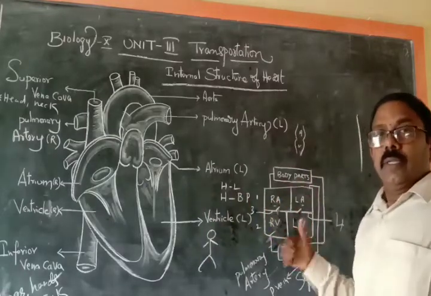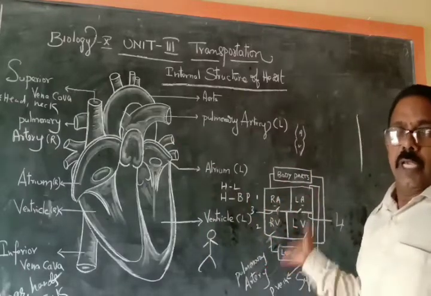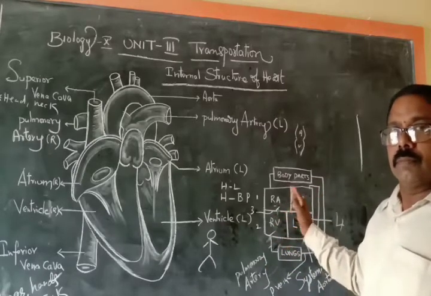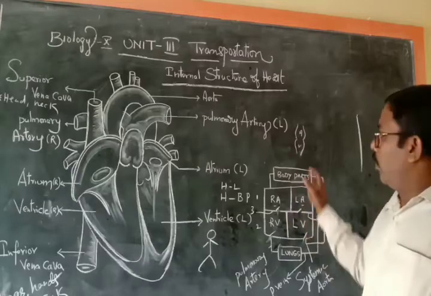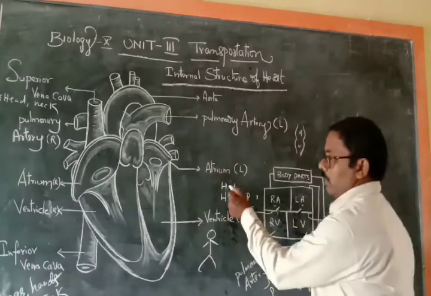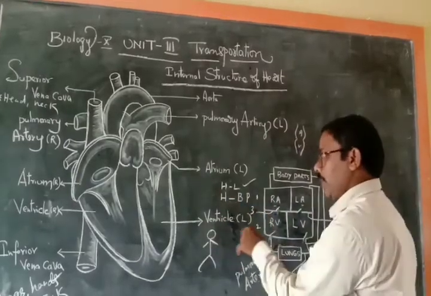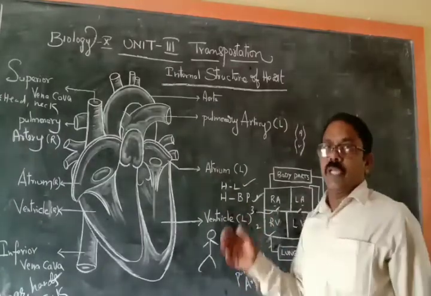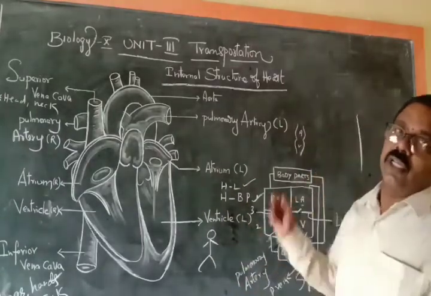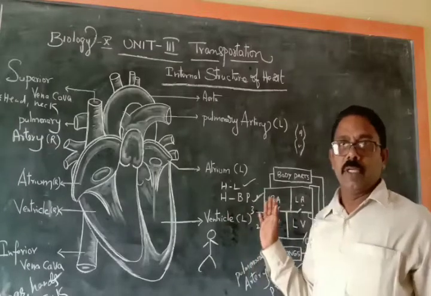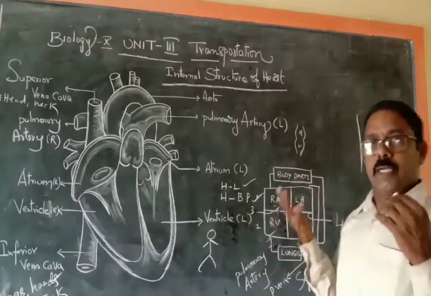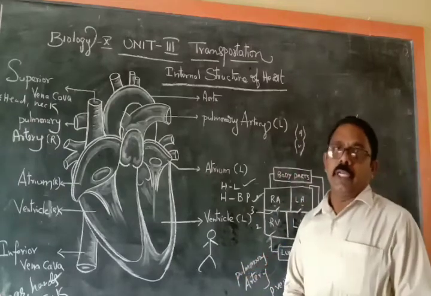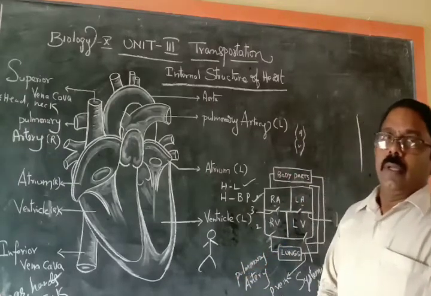Again the blood goes back to the heart, and again the heart sends it to the body parts. So one time heart to lungs, and the next time heart to body parts. This type of circulation is called double circuit circulation. Single circuit and double circuit circulation are easy to understand.